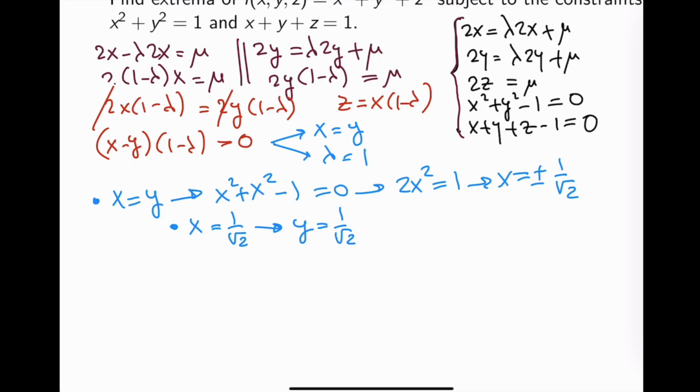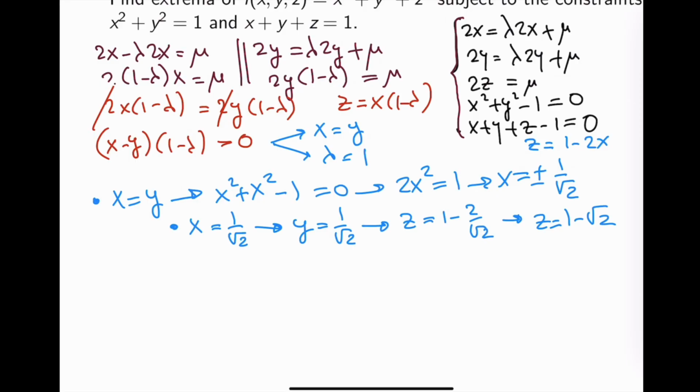And so we have then the values of x and y. For the value of z, we go to the last equation here, and we get that z is equal to 1 minus 2x. And so from here, we get that z is equal to 1 minus 2 over square root of 2. So then we get that z is equal to 1 minus square root of 2.